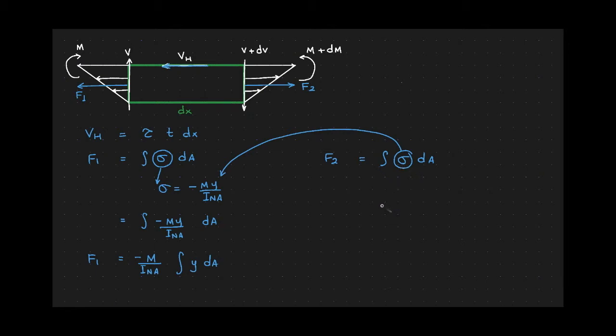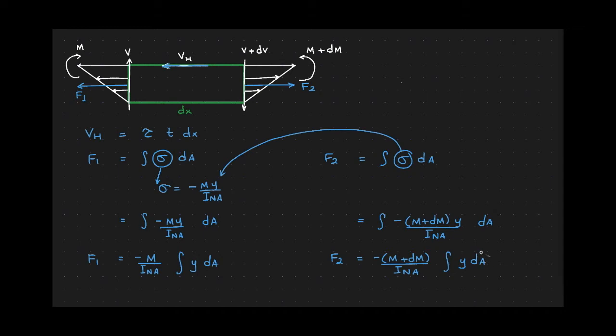So F2 is equal to the integral of negative M plus dM, times y over I of the neutral axis dA. Let's put the constants outside of the integral sign. Therefore, F2 is equal to negative M plus dM over I of the neutral axis times the integral of y dA.